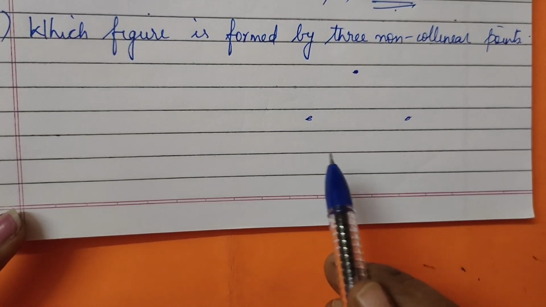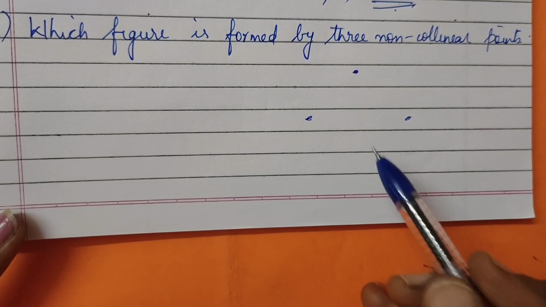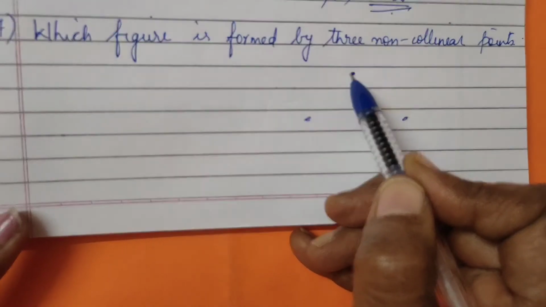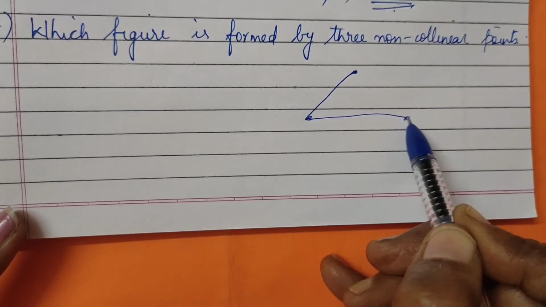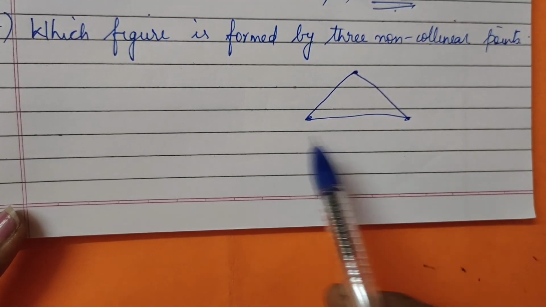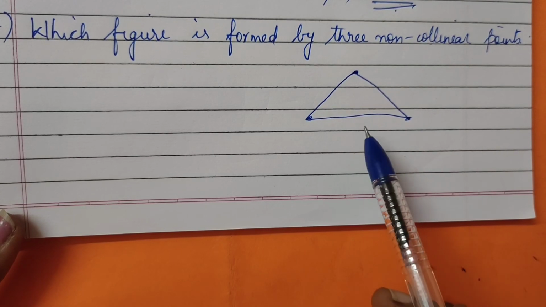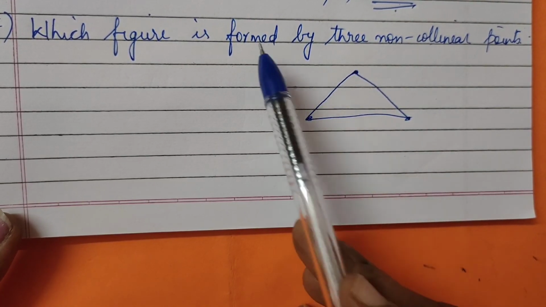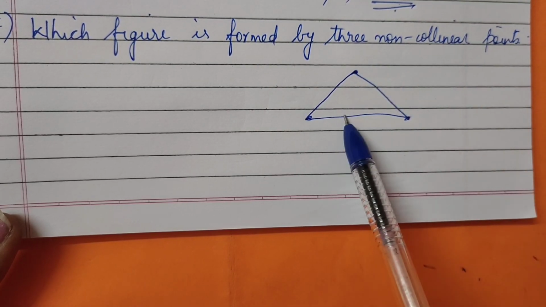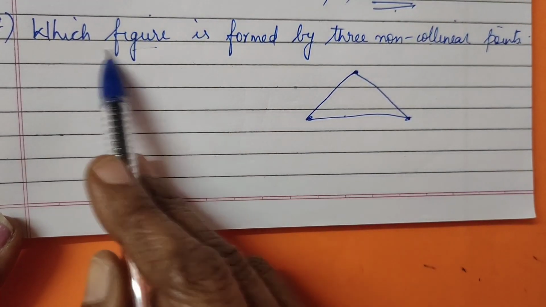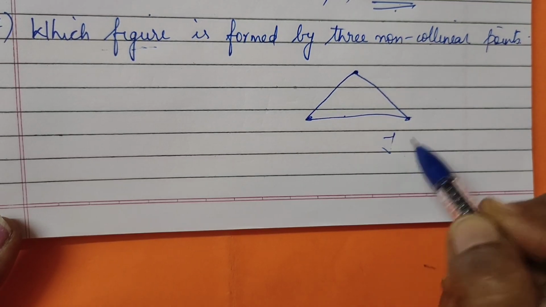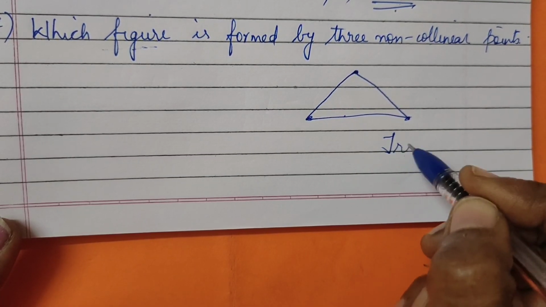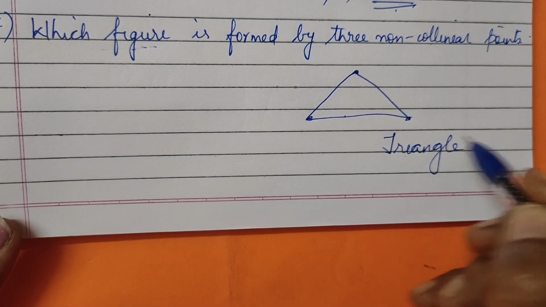So when I join them like this, what figure is formed? This is a triangle. So when we join 3 non-collinear points, which figure is formed? A triangle. We will write it: a triangle is formed here.